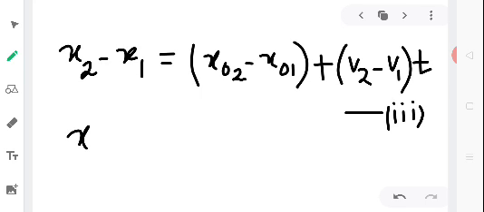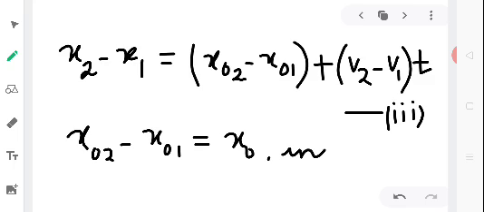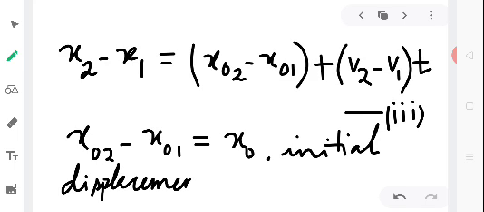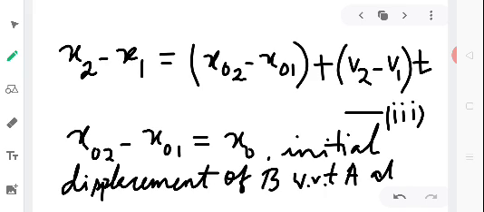Now here, x02 minus x01 can be written as x0, and it is representing the initial displacement of object B with respect to A at time t equal to 0.